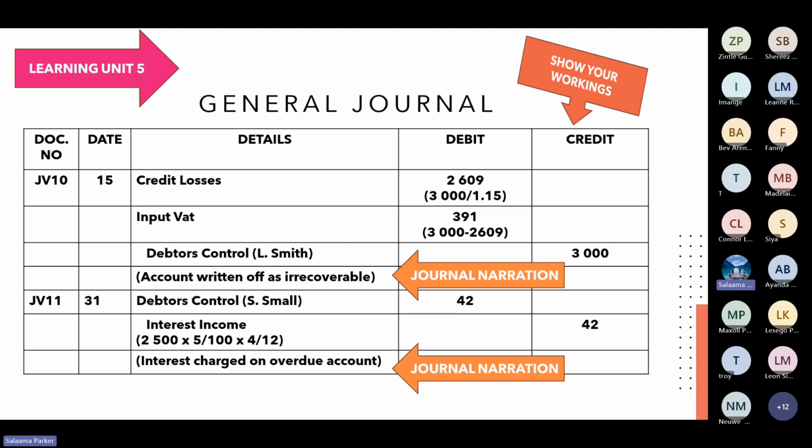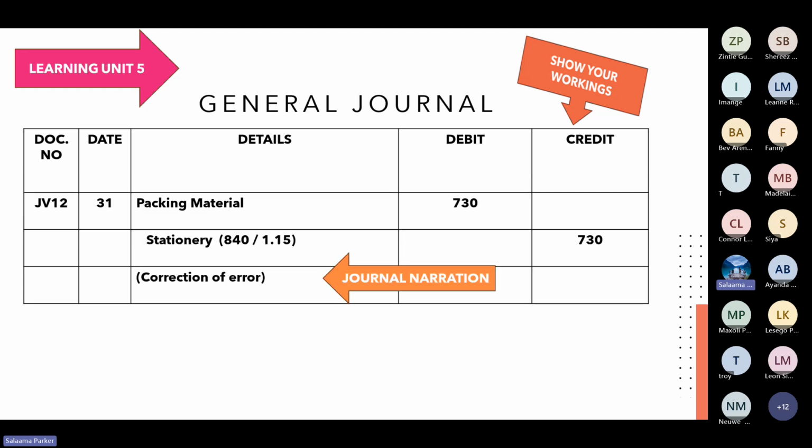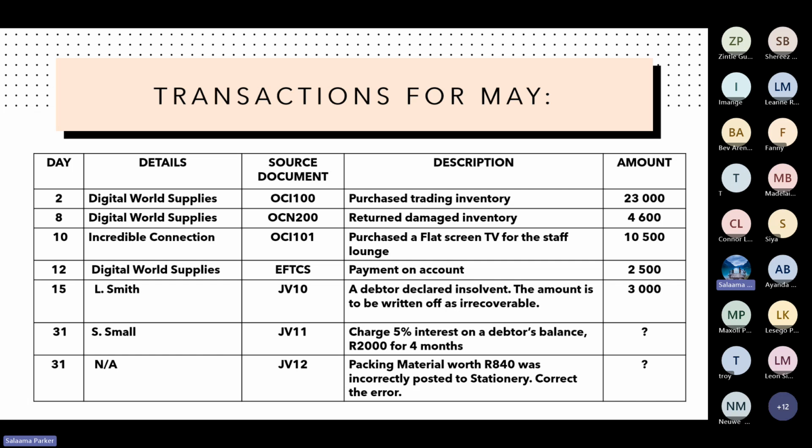Then the last general journal entry was the correction of error. Let's just go and have a look again. Packing material worth 840 was incorrectly posted to stationery. So the bookkeeper did the entry wrong in the books of the business. They debited stationery instead of debiting packing material.